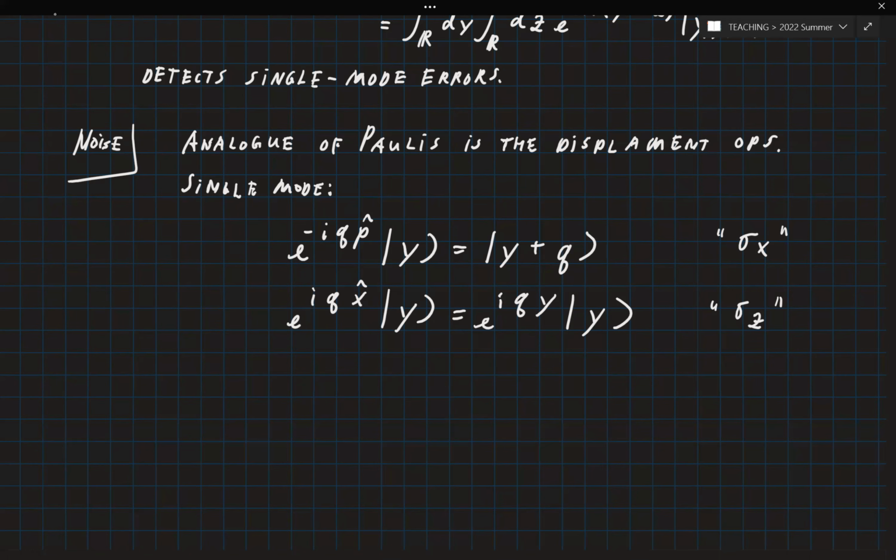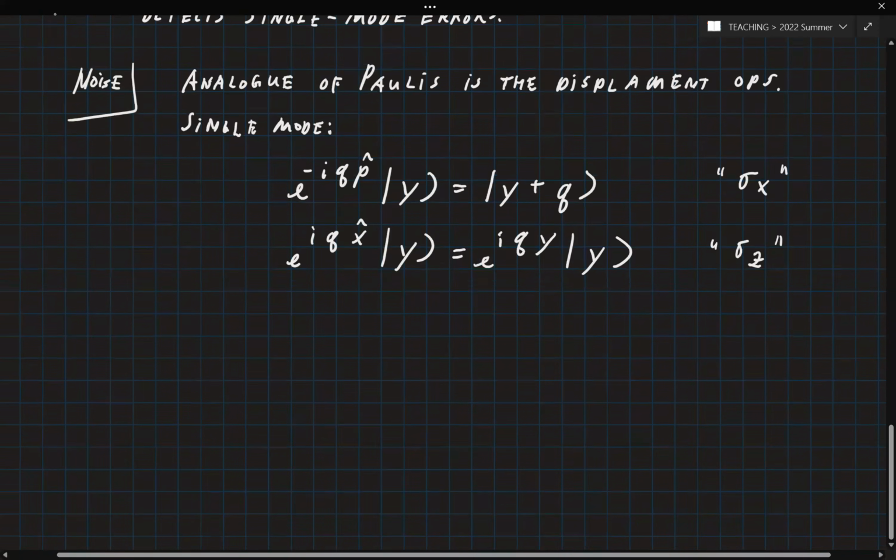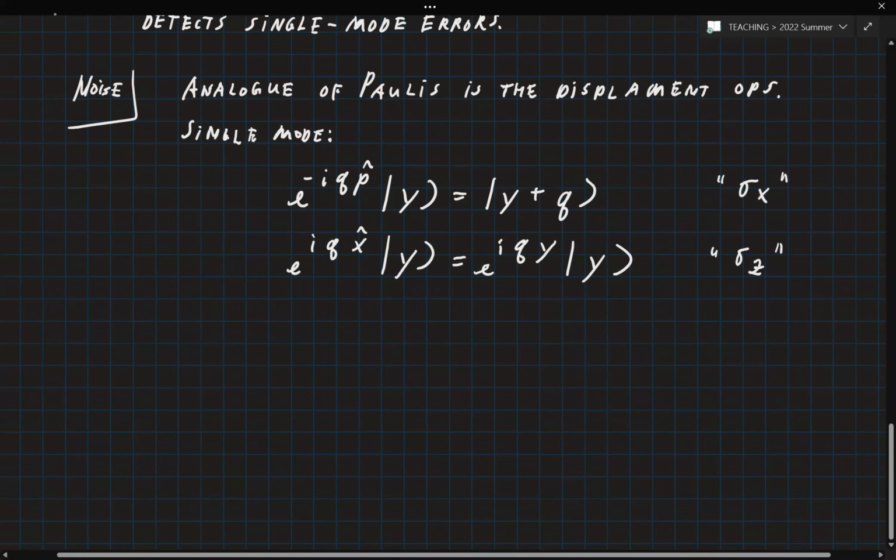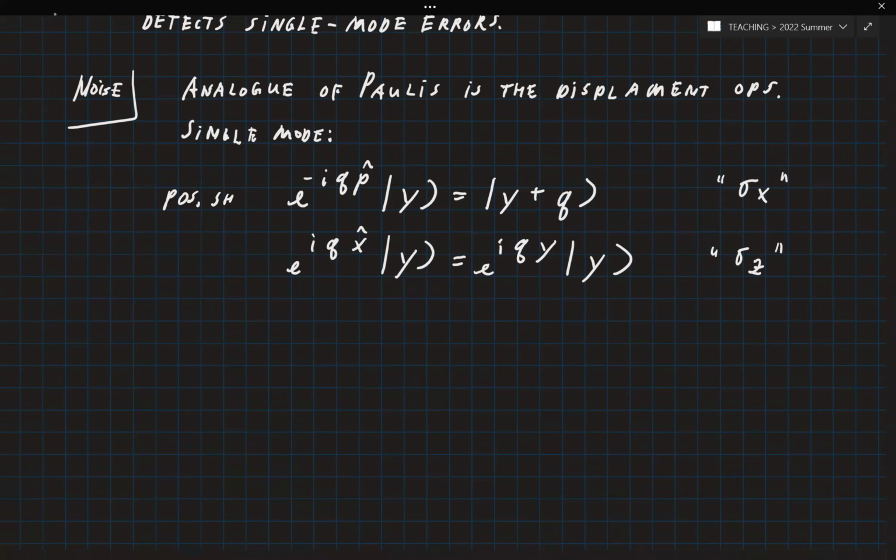So the word shift here is used to basically denote off diagonality. And right now, the way I've written these, these are position shifts. And these are momentum shifts or displacements.